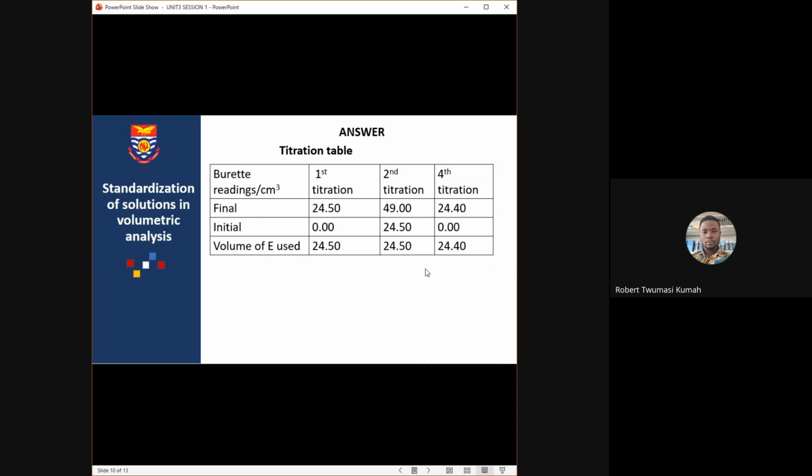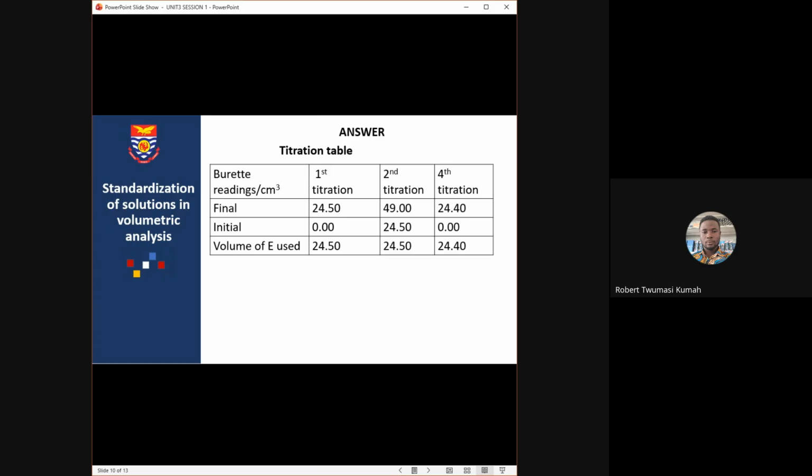So assuming you were the one, which values would you use? This should be third. If you were the one, which values would you use? Yeah, anyone on that?